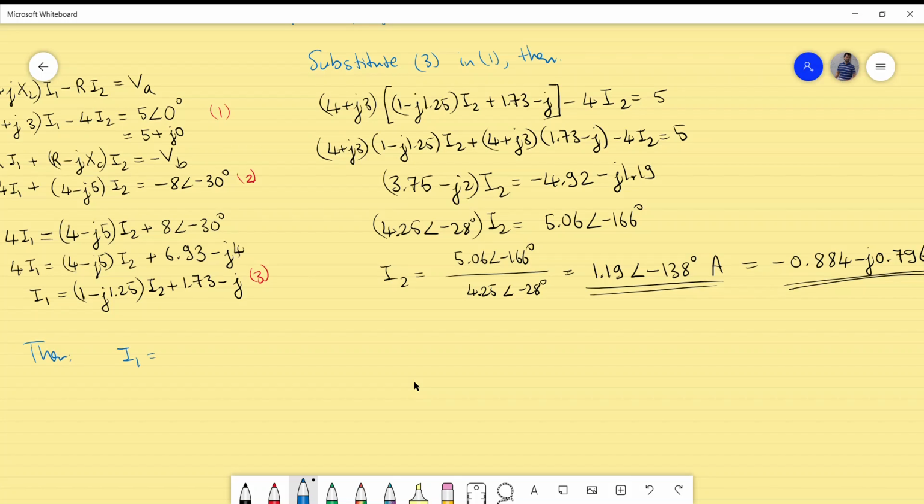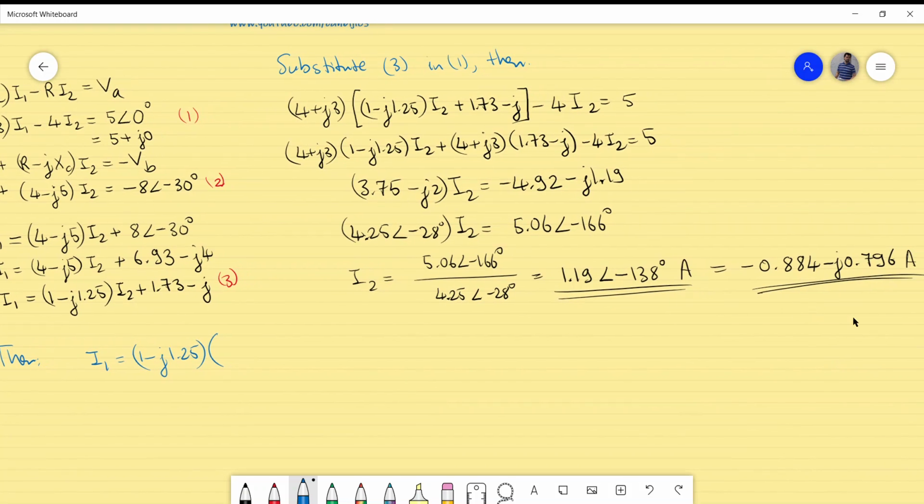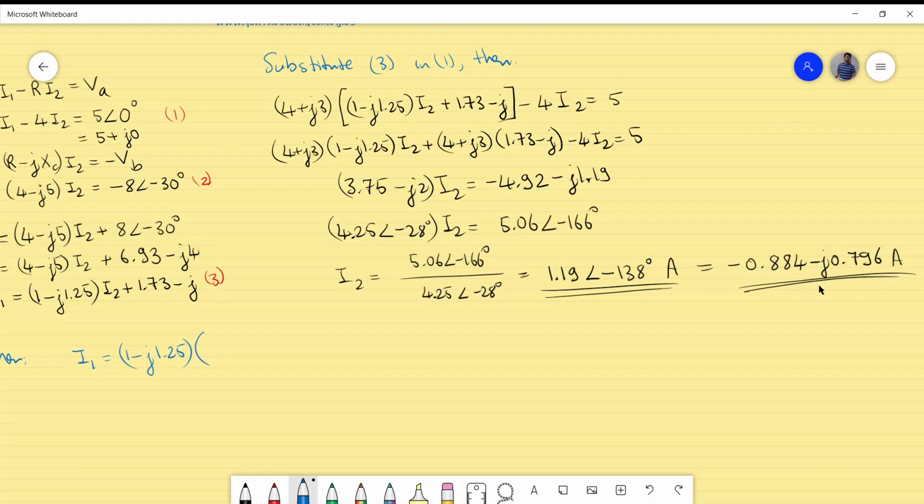So I1, which is 1 minus j 1.25 times this, just substitute the rectangular expression, so minus 0.884 minus j 0.796, that's for the first, and then plus 1.73 minus j.